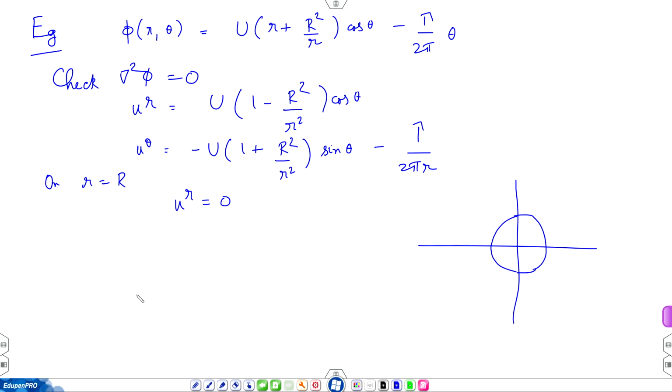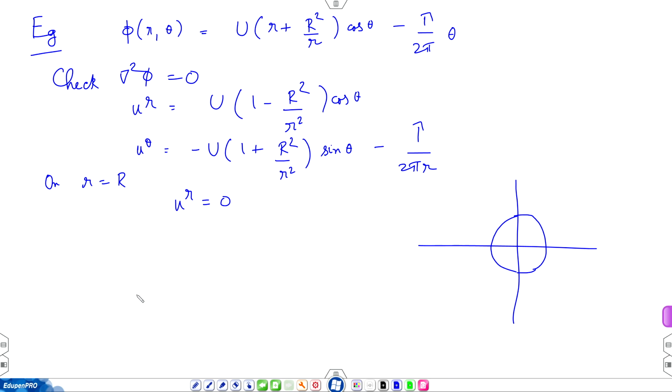So, also notice that as r approaches infinity, that means the radial distance approaches infinity, what happens to u r and u theta here? What happens to u r and u theta as r approaches infinity? They both go to, not 0, they both go to uniform flow.